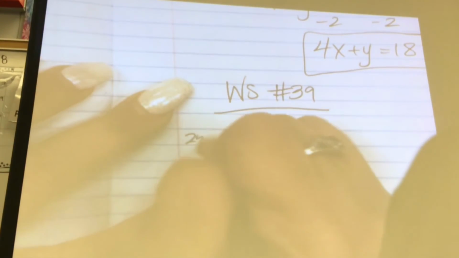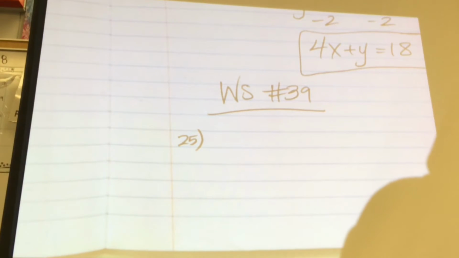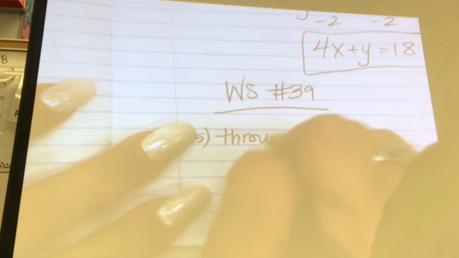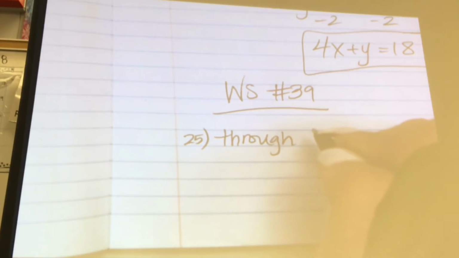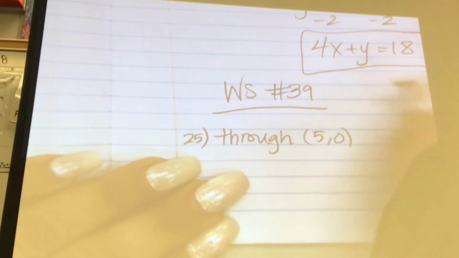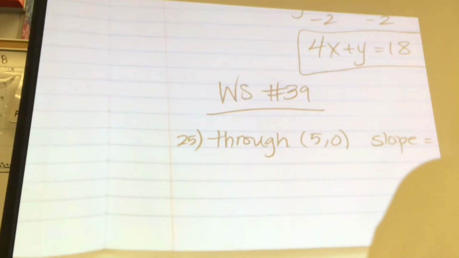Worksheet 39 starts with number 25, guys. Jose, you good? Let's start with number 25. It passes through 5, 0 with a slope of -1. Annette, what do I do first?